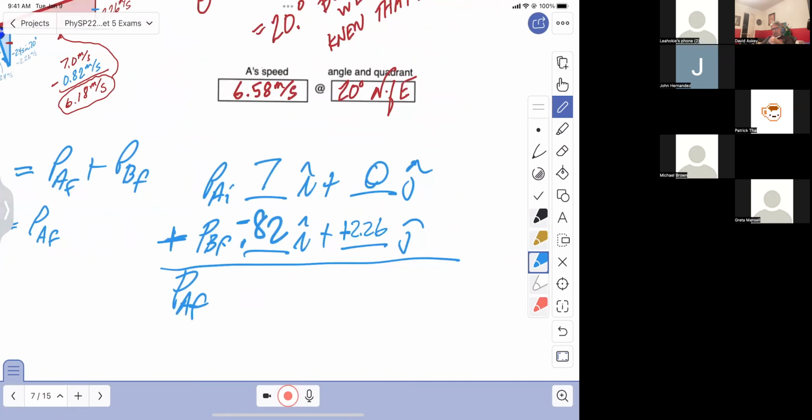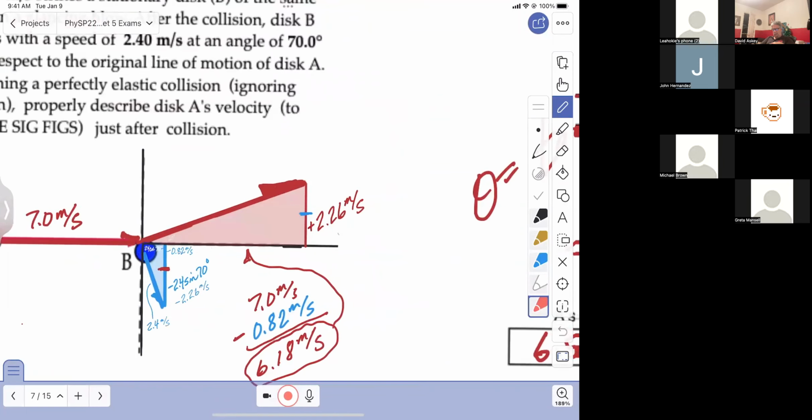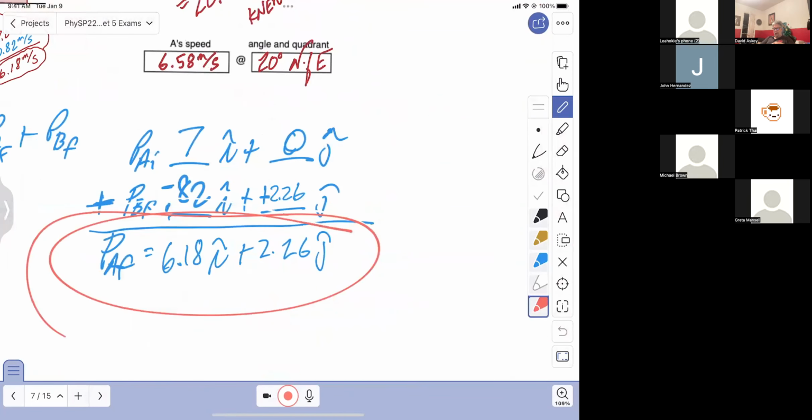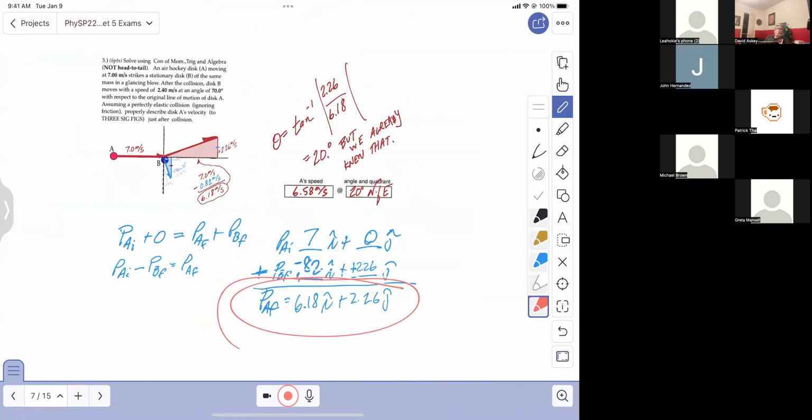So that's going to end up being 6.18 I roof plus 2.26 J roof, and that's going to be my red. That's what I end up with up here, that red triangle. And then from there, I could plot it, I could draw it. I think I do it again in sample problem number 5, where I do a stack and rack area.